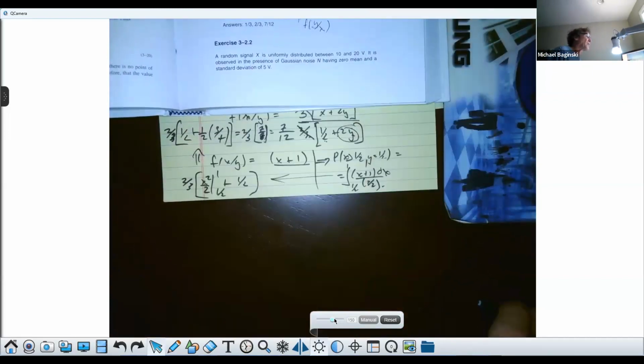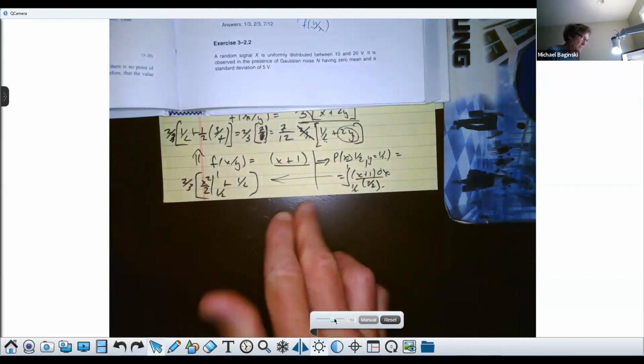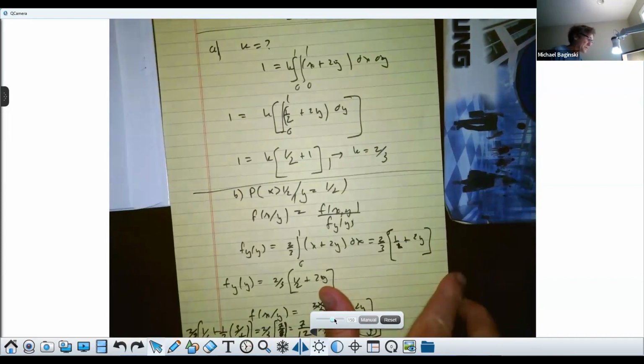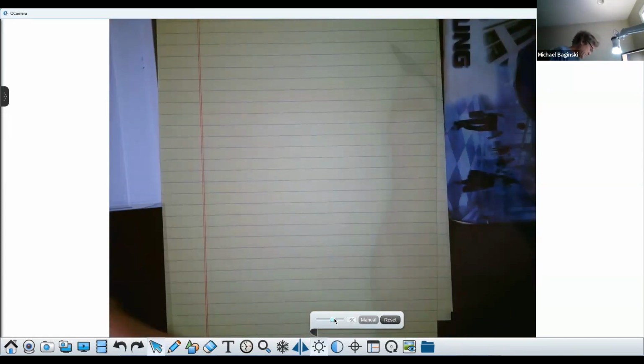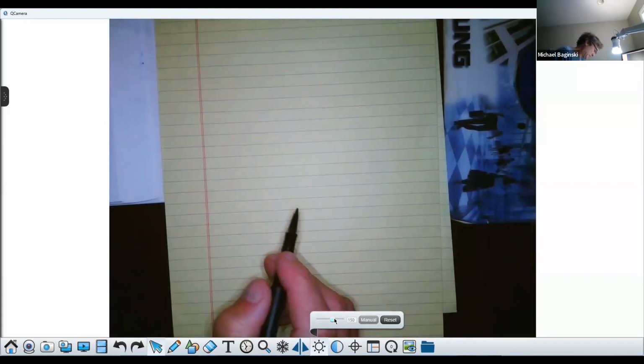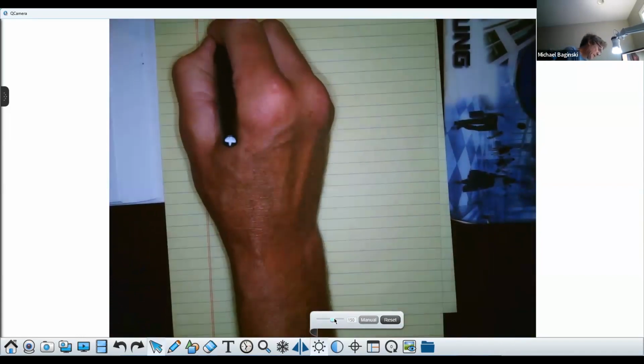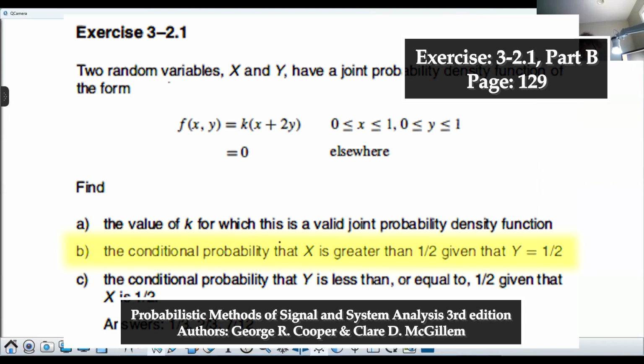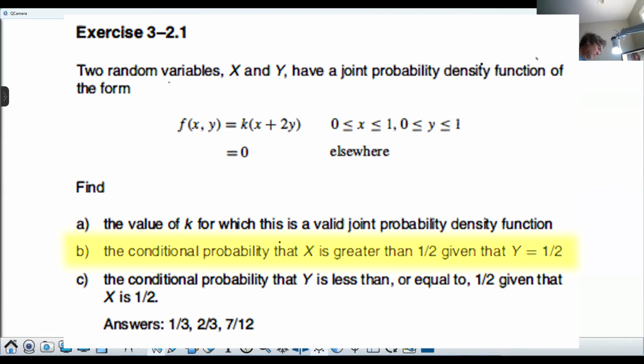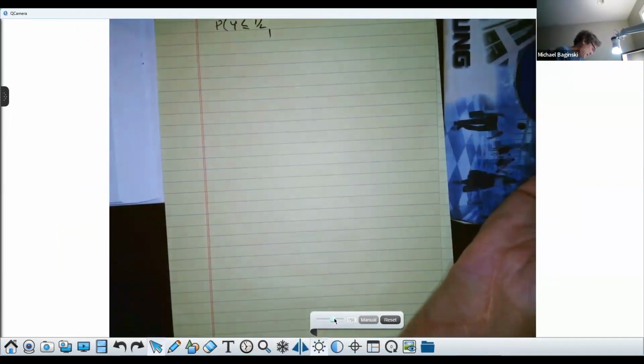Y'all follow what I'm doing and why I'm doing it. Next, finally, I'm going to have to turn the page on this. The last thing he asked for is the conditional probability that y is less than or equal to 1/2, given that x is 1/2.